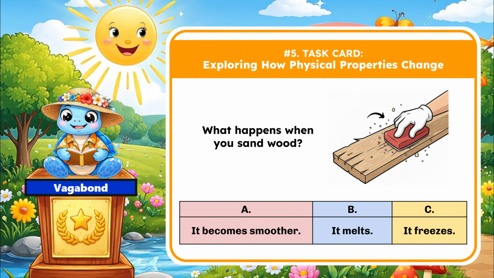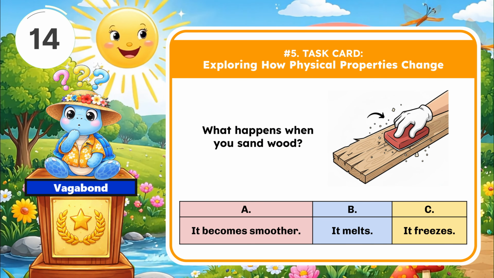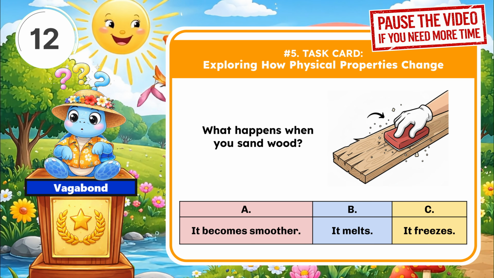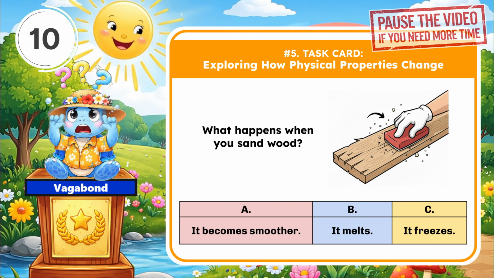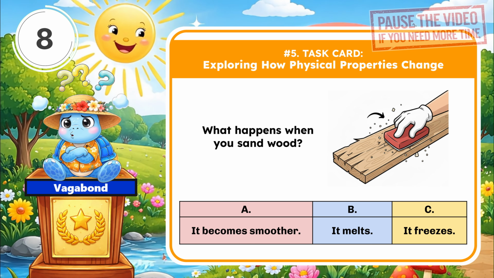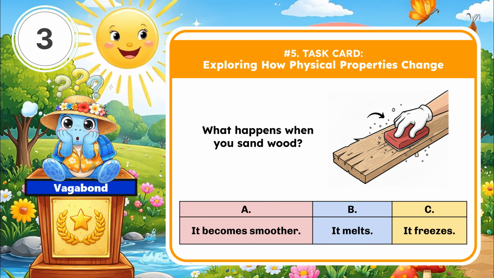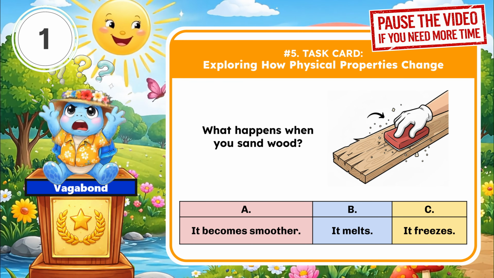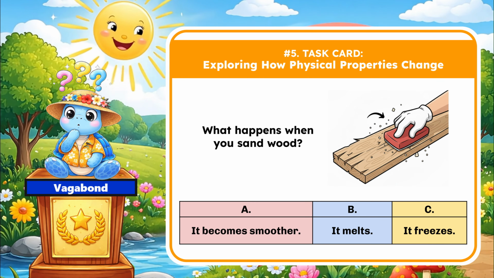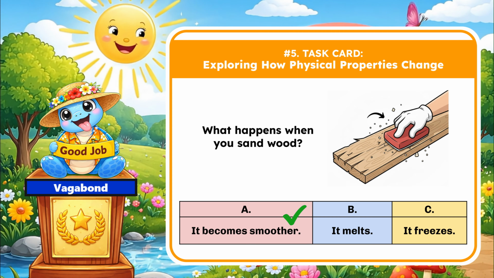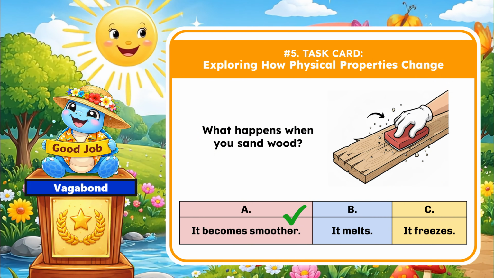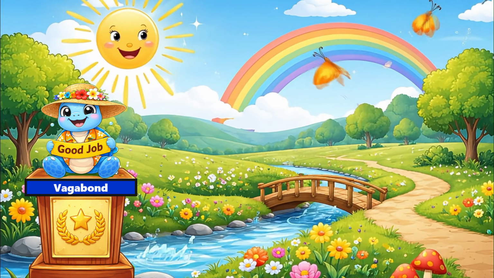What happens when you sand wood? And the correct answer is letter A. It becomes smoother.